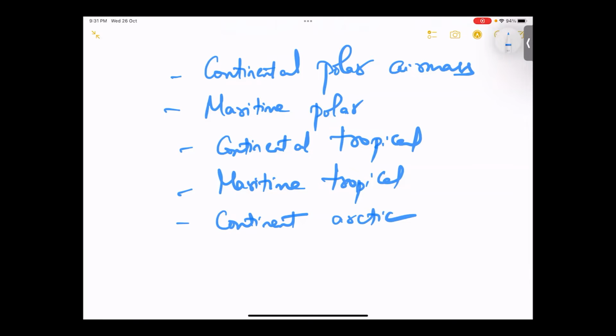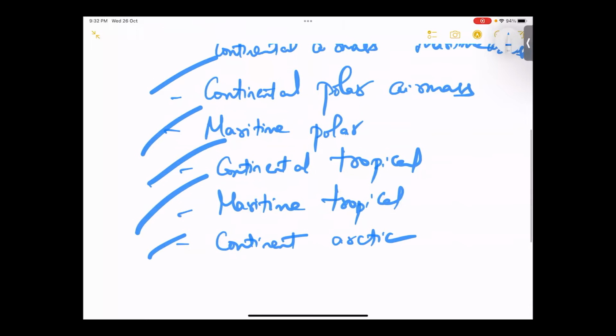So these are different types of air masses. So basically very easy to remember, you know, polar region, tropical region. So continental, maritime, there are 2 types of air masses, and then in the Arctic region, it is continental Arctic. Okay. So you just mention them.